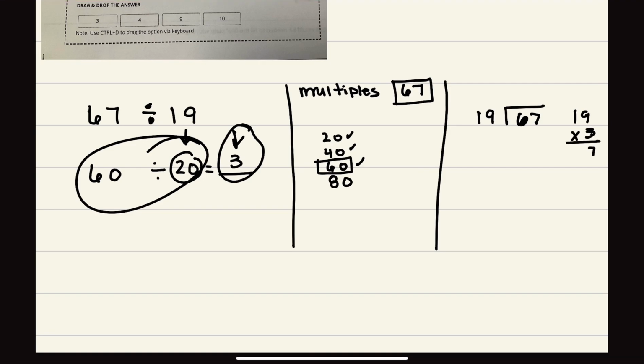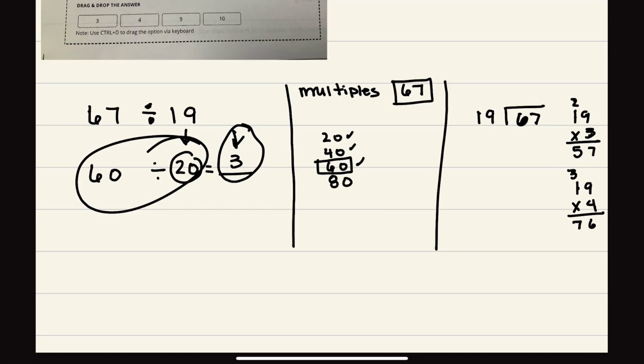9 times 3 is 27. 3 times 1 is 3, plus 2 is 5. I know that I'm only 10 away from 67, but I do want students, again, to go up 1 more, just in case, because sometimes it's going to be close and they think that they're good, but if they go up 1 more, or even 2 more, until they are too big for 67, then they can stop. 9 times 4 is 36. 4 times 1 is 4.